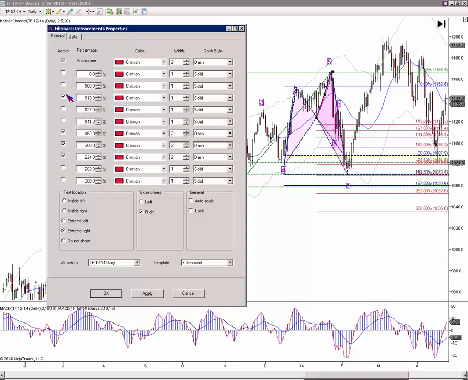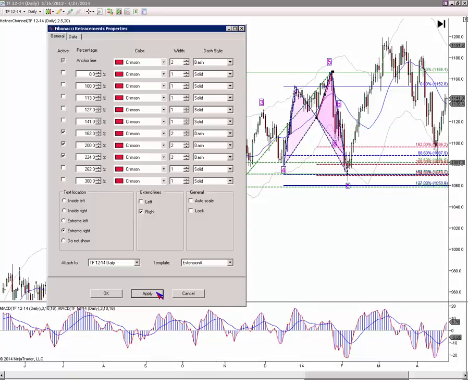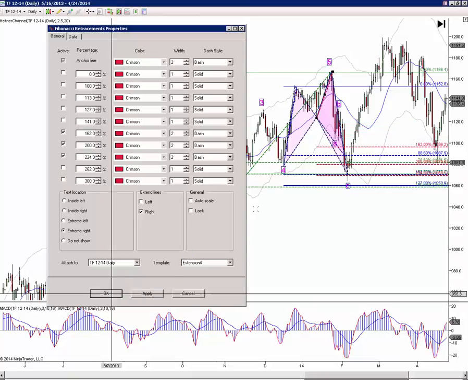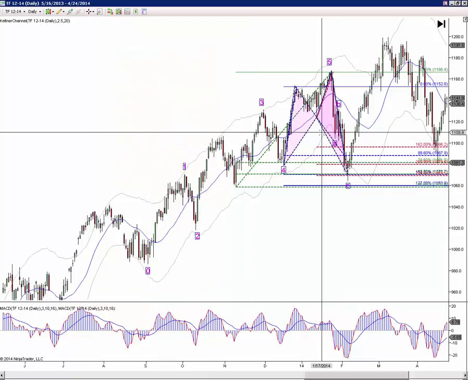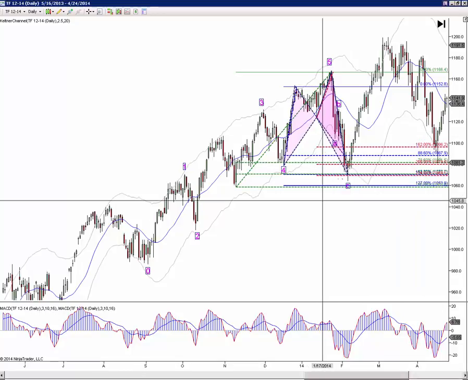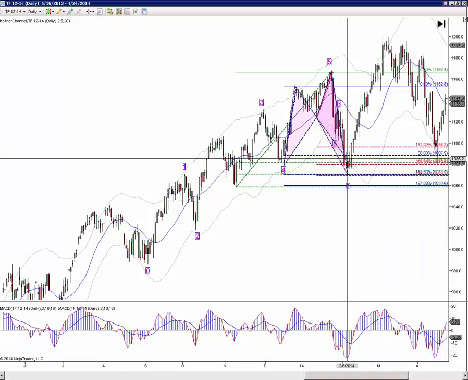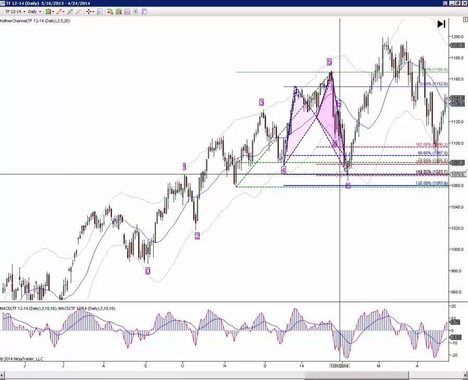Those are important. Now, just because we have that number here doesn't mean it's going to hit there. So we look at where things start to tie in together.